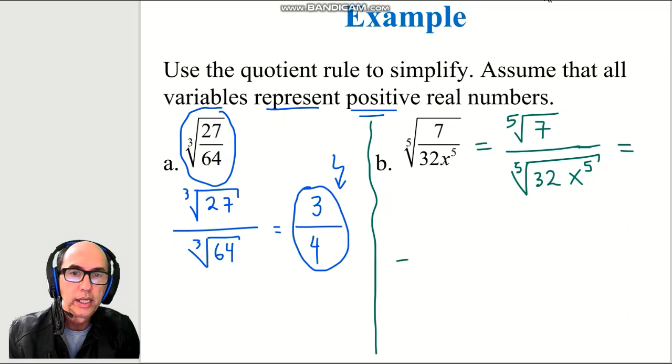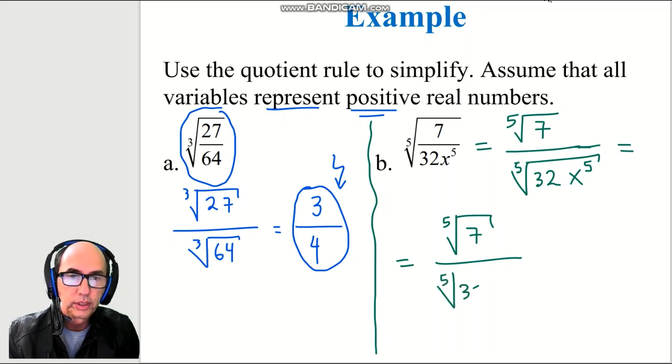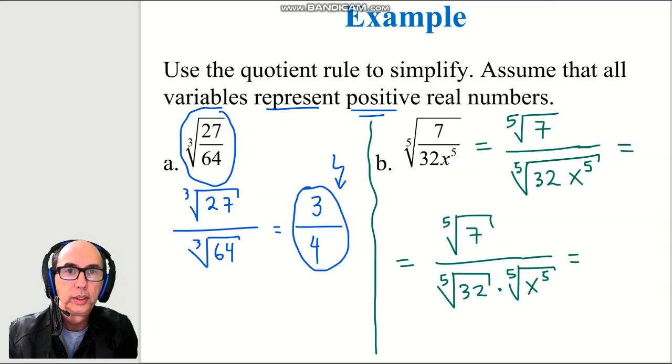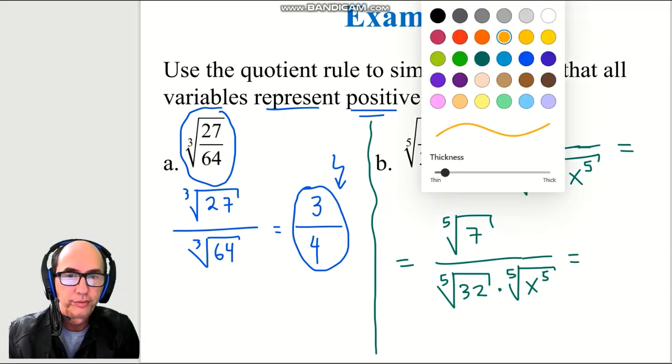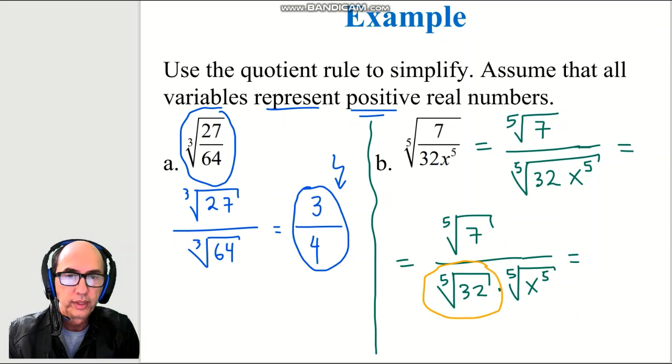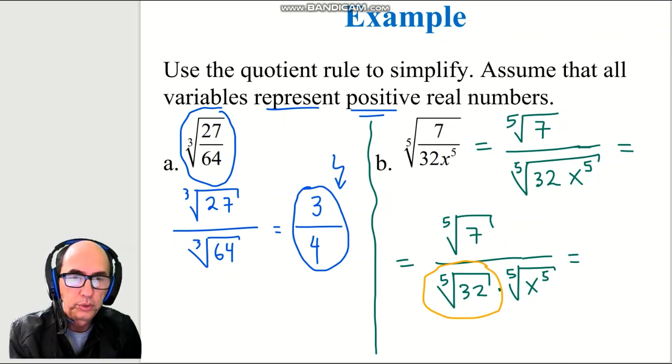But on the denominator, I think we can simplify a bit more. Fifth root of 7 over, break down, the fifth root of 32 times the fifth root of x to the power of 5. And look at each one separately. We know the fifth root of 32. 2 times 2, 4 times 2, 8 times 2, 16 times 2 again, 32, yes.